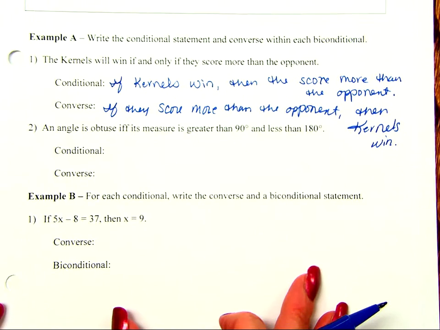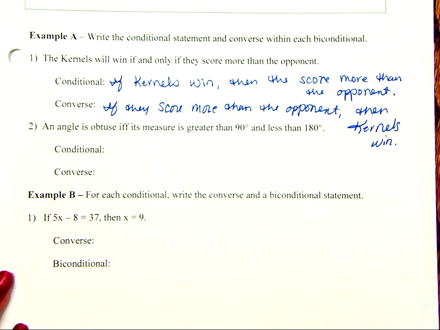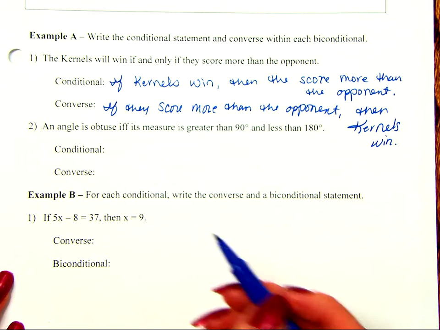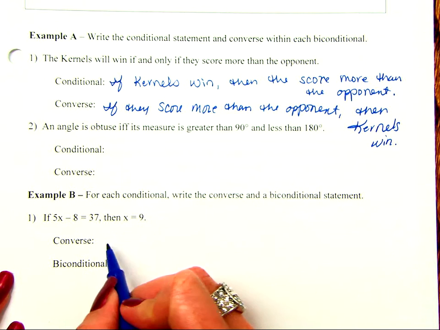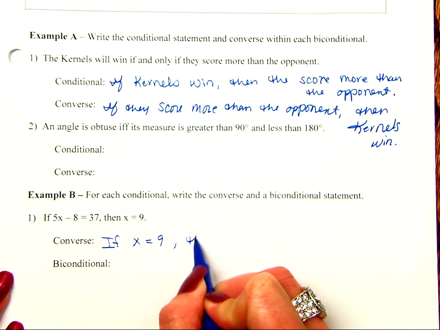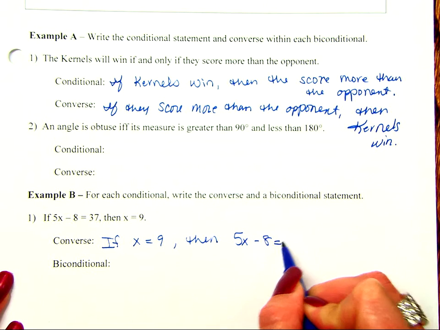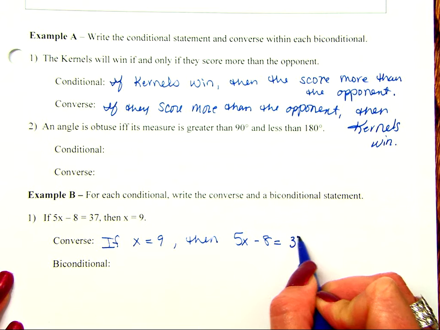You may also see questions where you're given a conditional, and they simply ask you to write the converse and then write the biconditional. So in number 1, where it says if 5x minus 8 equals 37, then x equals 9, we know the converse of that, flipping it around: if x equals 9, then 5x minus 8 must equal 37.